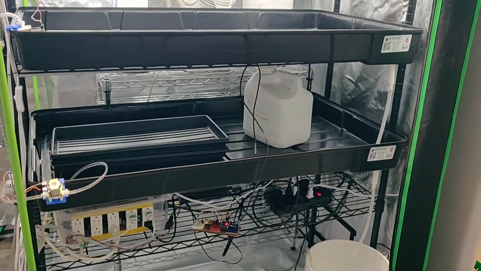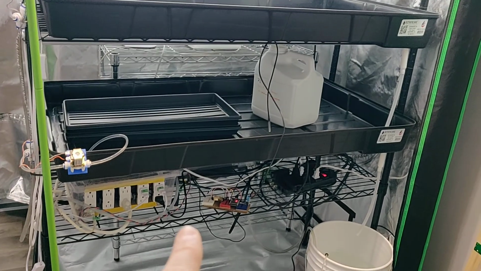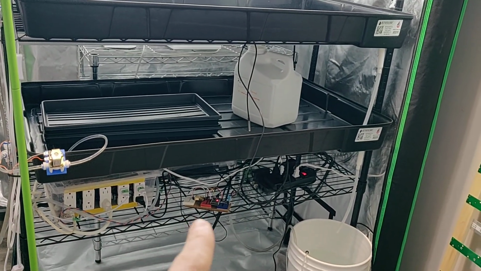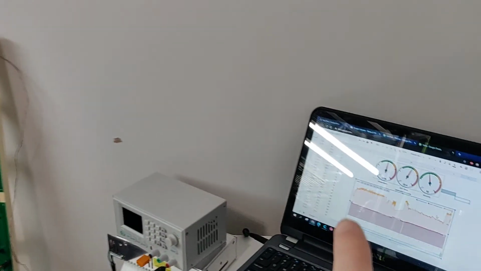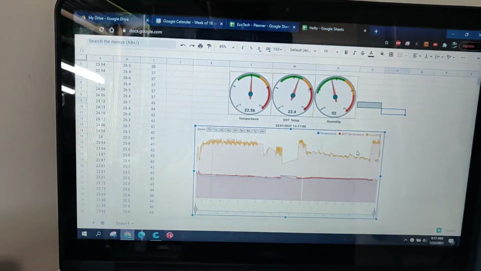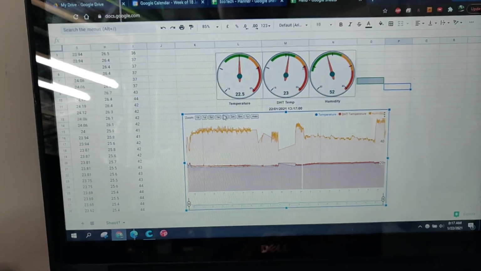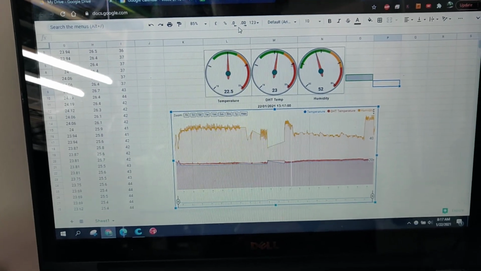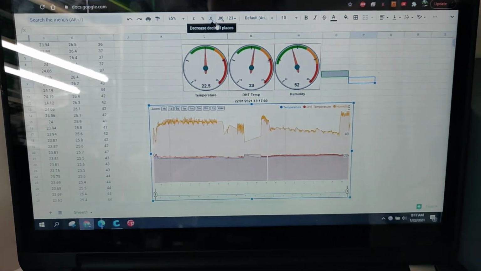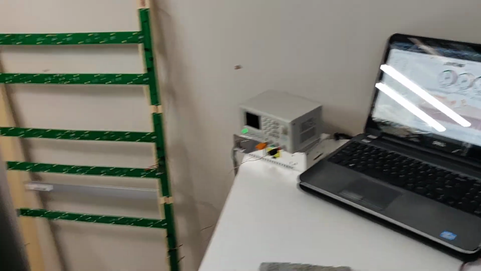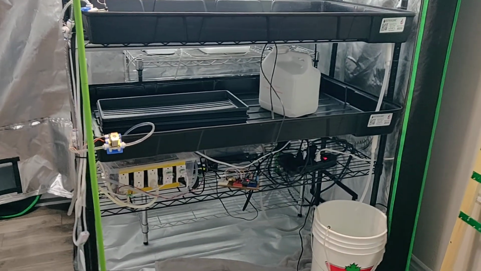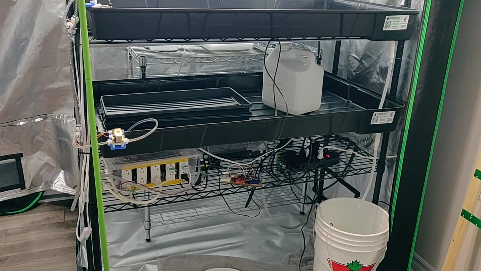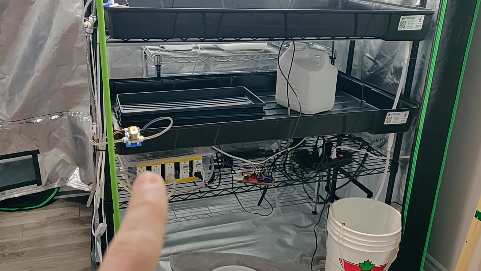But going back to the sensors, I'm really happy with this small test, because now Google Sheets has all this data. I don't know if I've showcased this, but I'm able to create Google Calendar events through Google Sheets, and the Google Calendar controls these plugs.